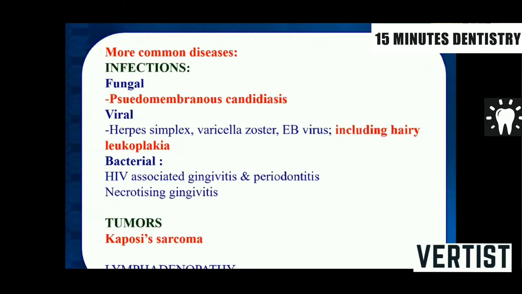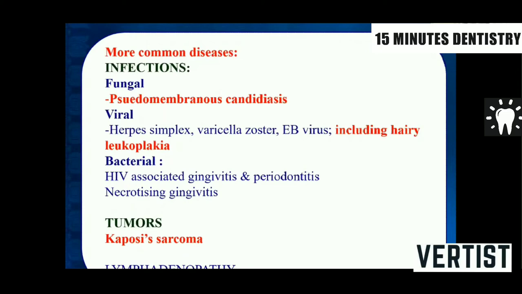The ones which are marked in red are kind of pathognomonic for HIV infection. So pseudomembranous candidiasis. In viral infection, fulminant infection, so the severity is more in case of HIV. So you will see herpes simplex, varicella zoster, EB virus infection, including hairy leukoplakia. Remember, hairy leukoplakia is not a leukoplakia, it is an infection and is associated with HIV.